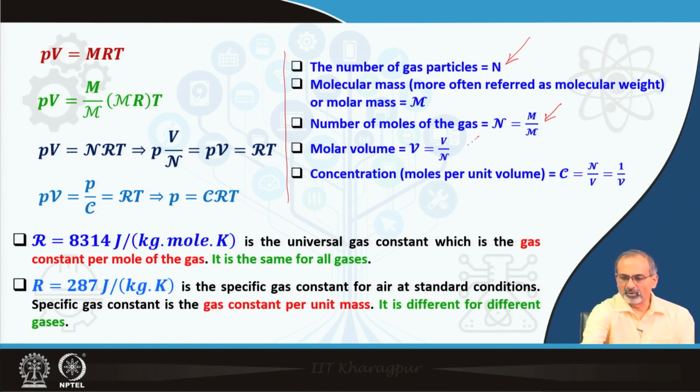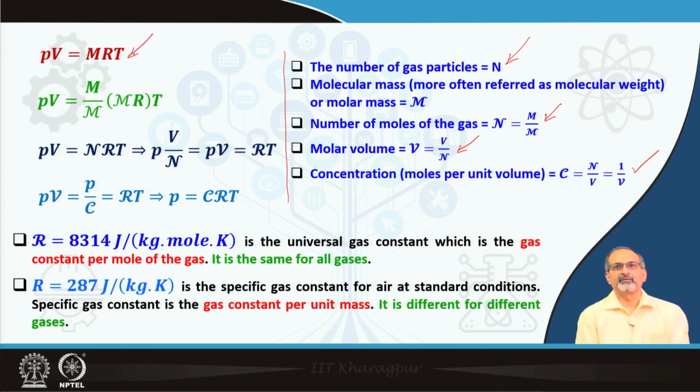Then comes the molar volume, which is nothing but the ratio of V by n, the number of moles of the gas, and here the n of course is in italic form, and then comes the concentration, moles per unit volume, and it is incidentally the inverse of the molar volume. Those are very important expressions and nomenclature which need to be kept in mind.